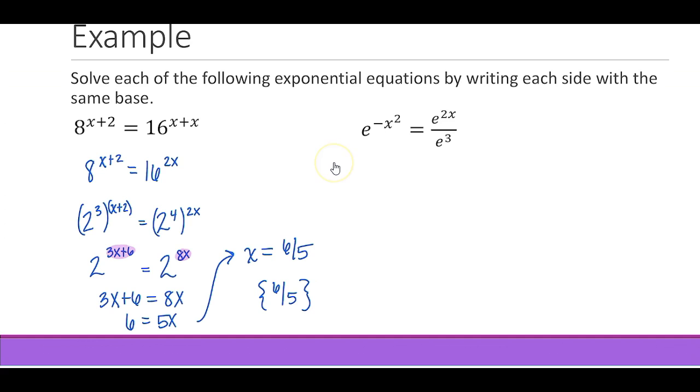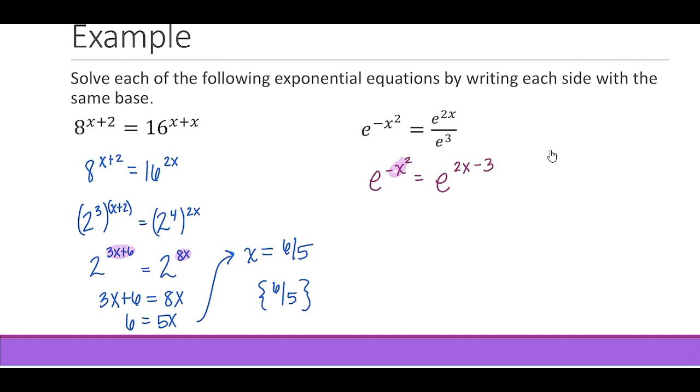But my properties of exponents will allow me to rewrite the right-hand side as e to the 2x minus 3. So if I want to bring e to the third to the numerator, it's changing the exponent to a minus 3. So I'm subtracting 3 copies of e from the top, which has 2x copies of e. So e to the 2x minus 3.